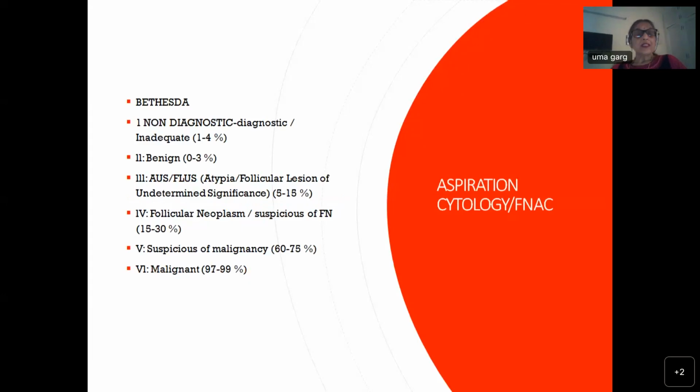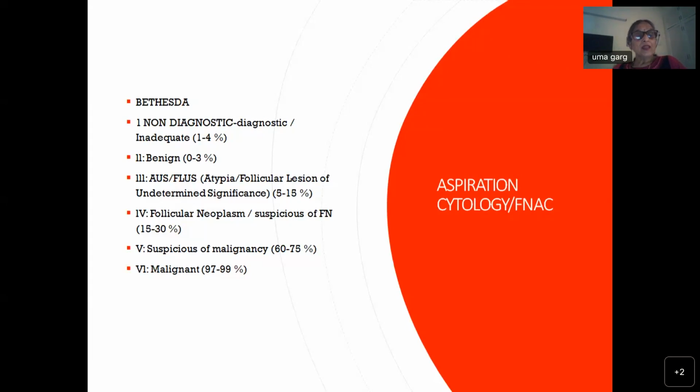After that we do FNAC. I told you that ultrasound gives a fairly good idea of where to take FNAC from. For this also we have a classification, given by the Bethesda classification. Depending on the cytology characteristics of the aspirate, they decide the category and possibility of malignancy. Bethesda 1 is non-diagnostic, in the case of an inadequate aspirate, with 1 to 4% chances of being malignant.